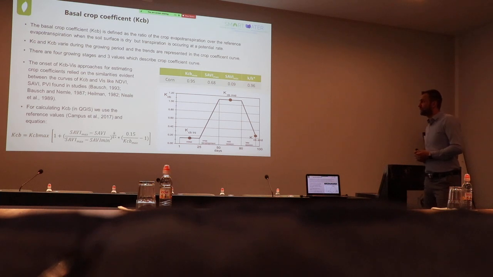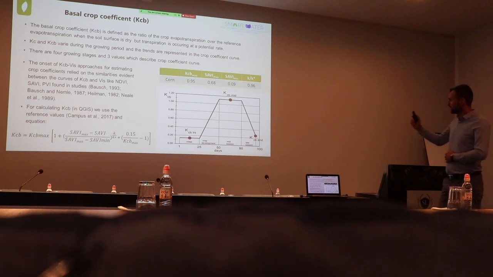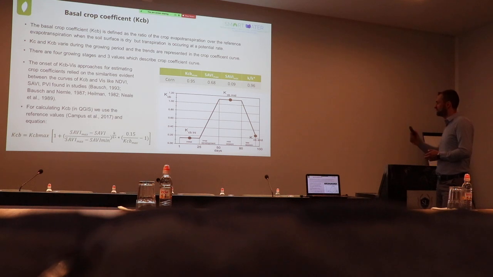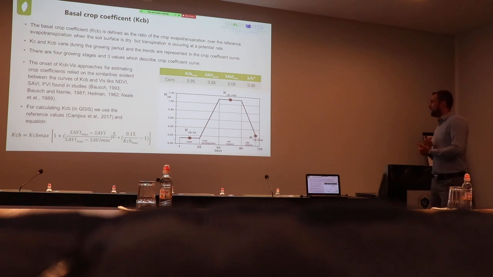And there are 4 growing stages of maize and 3 values which describe the crop coefficient curve. So we have the initial phase, the development phase, the mid-season phase, and the late season phase, and 3 values: KCB initial, KCB mid-season, and KCB end.